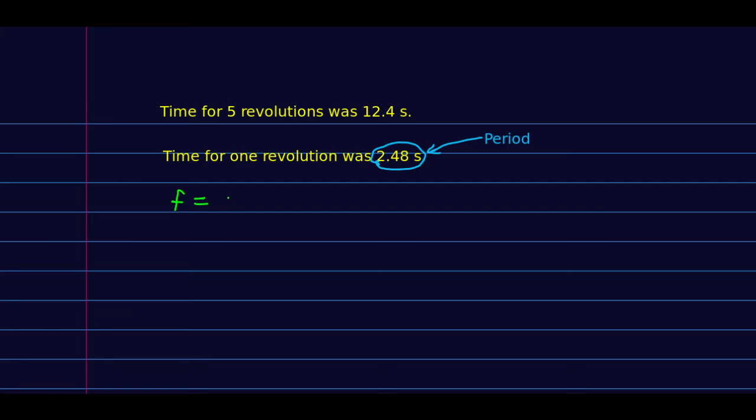So what we know here is that there were 5 revolutions in 12.4 seconds. And if you punch that into your calculator, you'll find that's 0.403, and look at the units, revolutions per second. And that makes sense, a little less than half a revolution every second. That makes sense if each revolution takes a little over 2 seconds. So this is the thing that we call the frequency.